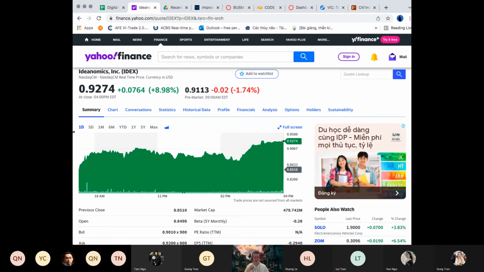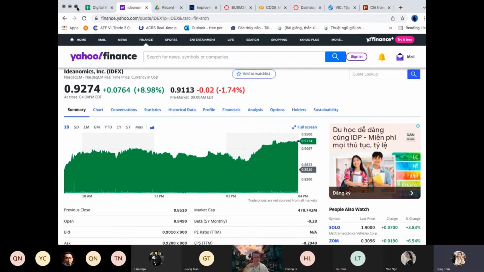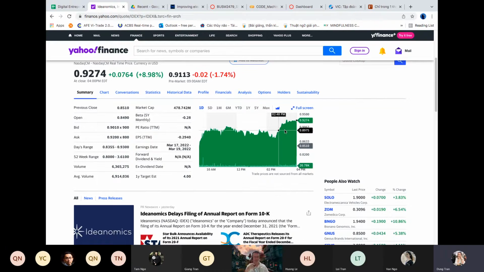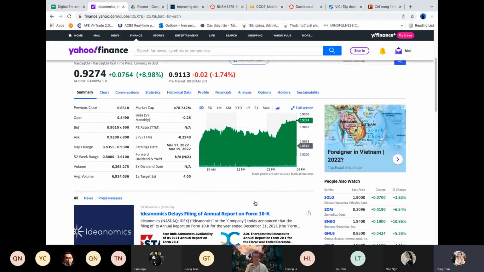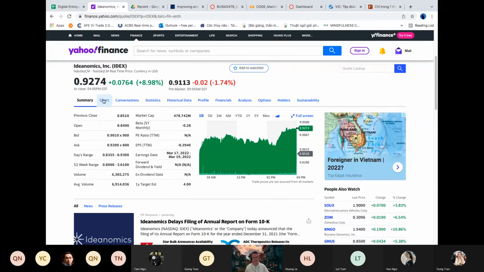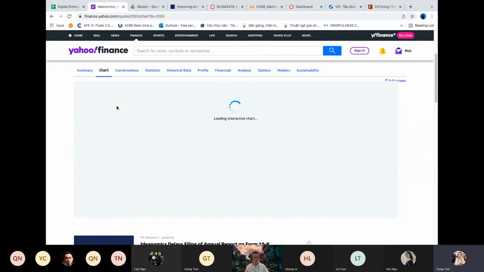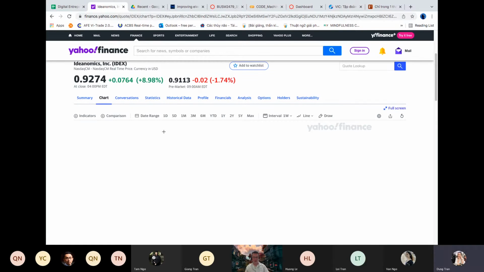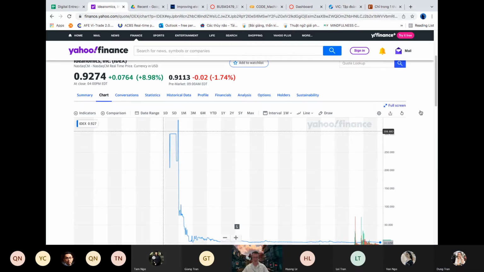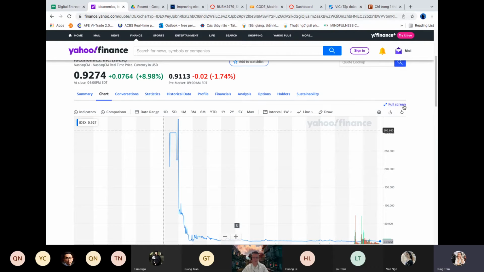Okay, put your chart into full screen. So you've got summary selected at the moment. Just click on chart next to summary. Yeah, that one. And then on the right hand side, see where it says full screen.